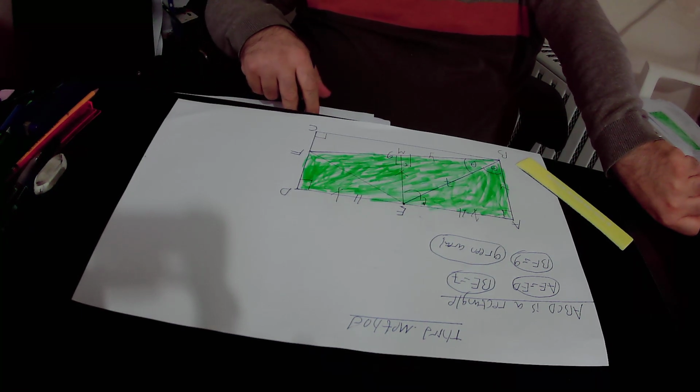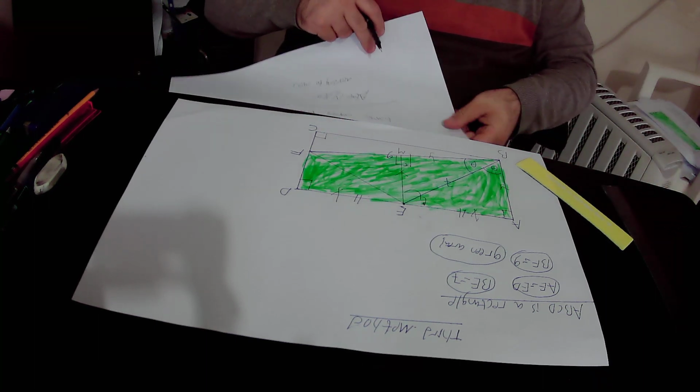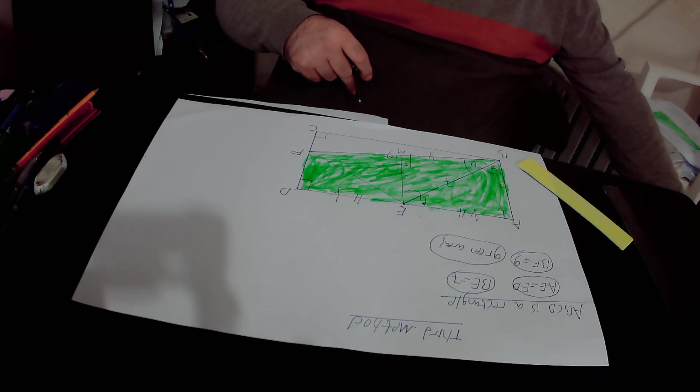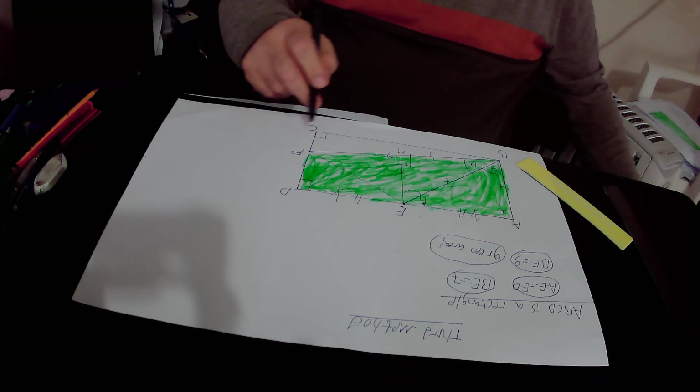And for the fact that those two triangles are congruent, we conclude that MF equals DF.